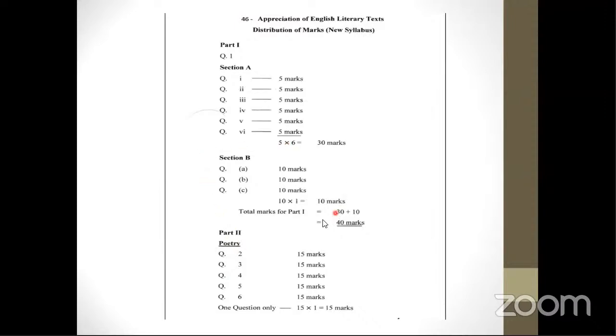Today our focus is on section B, and you know it is a selected novel. We have 3 novels: The Vendor of Sweets, Bringing Tony Home, and Prince and the Pauper. So it's really a selection. For the section B part, you get 10 marks. You see A, B, C, the 3 selections, equal marks for each, and the total comes to 40 for part 1. So part 1 consists of 40 marks.